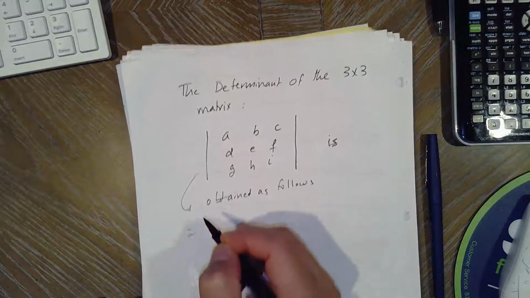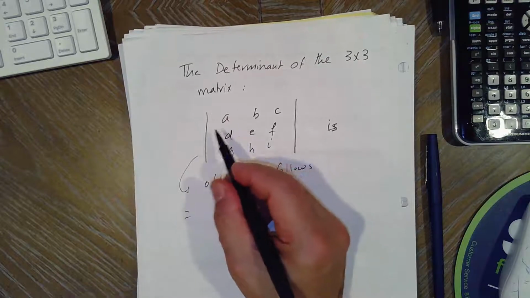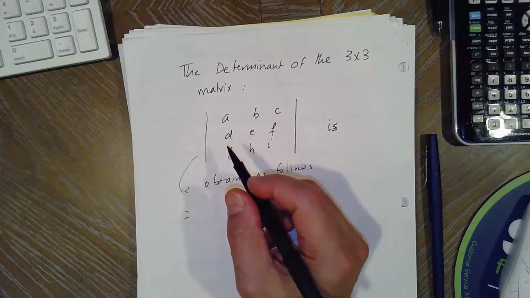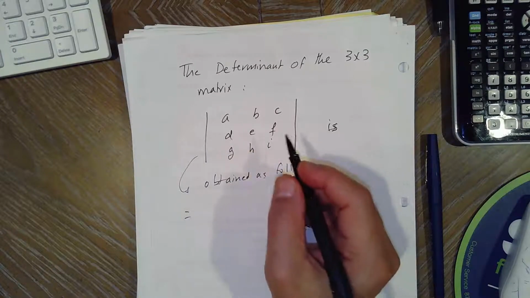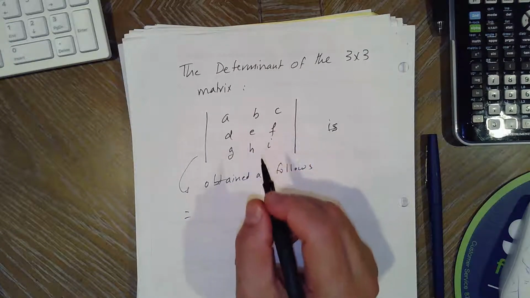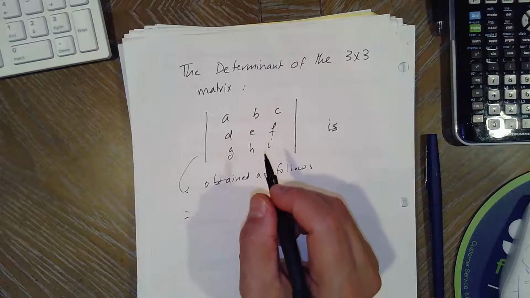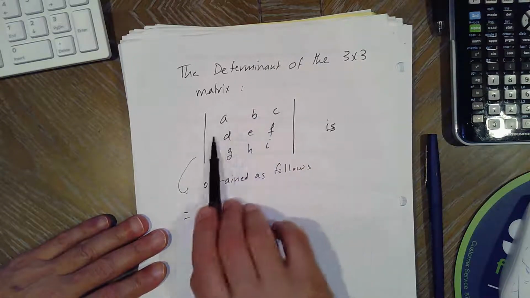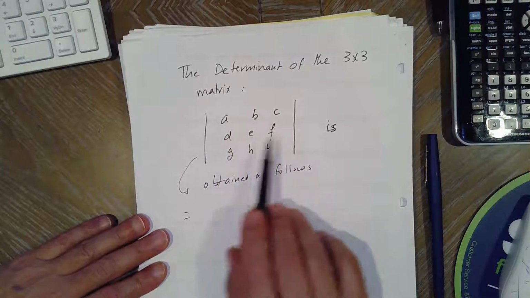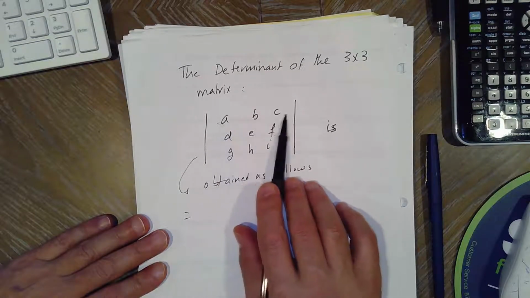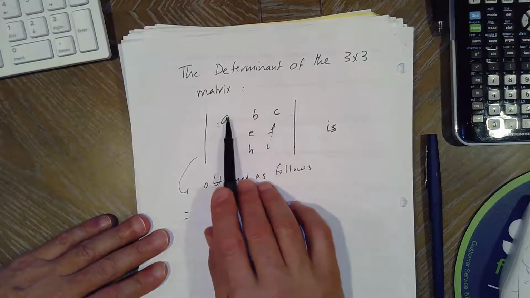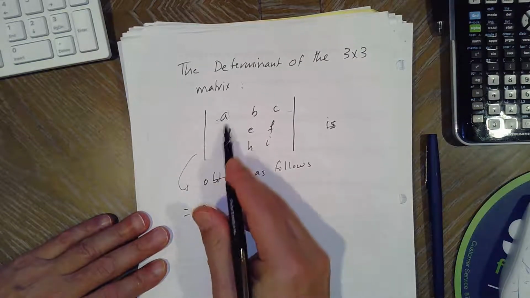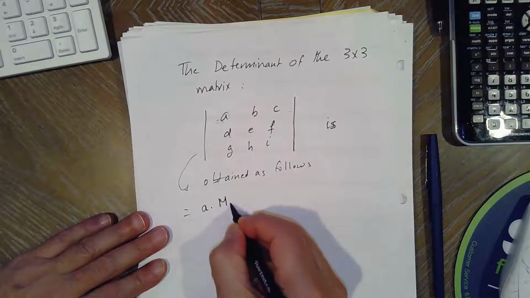We're going to reduce the 3 by 3 determinant into 2 by 2 determinants called minors. We can reduce along any row or any column, but for simplicity, I'll use the first row. I'm going to start with the top entry, A, bring it down, times the minor of A, M11.